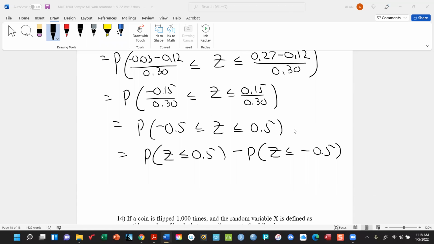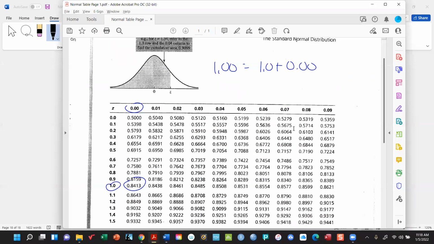0.5 on the positive table is right here. 0.6915.